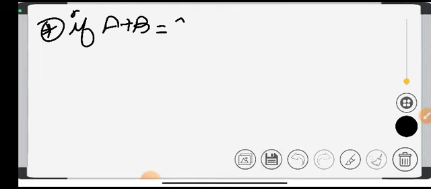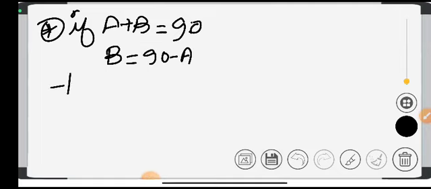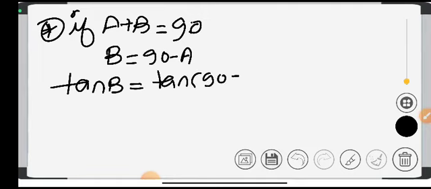In the same way, if it is given that A plus B is 90 degrees, then B is equal to 90 minus A. If I apply tan on both sides, what happens? Tan B is equal to tan(90 minus A).